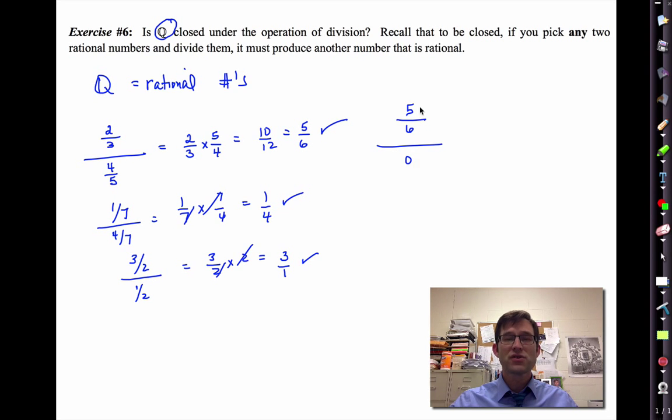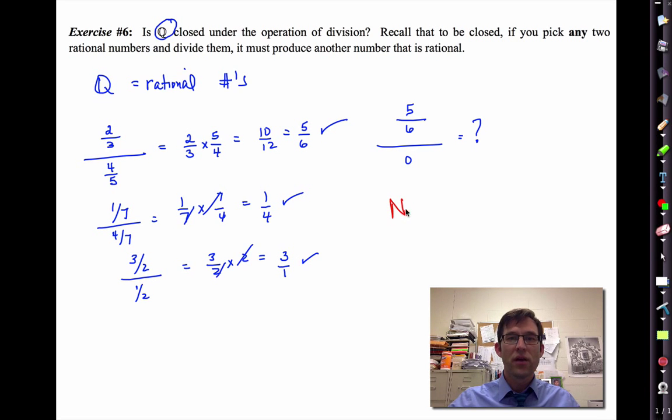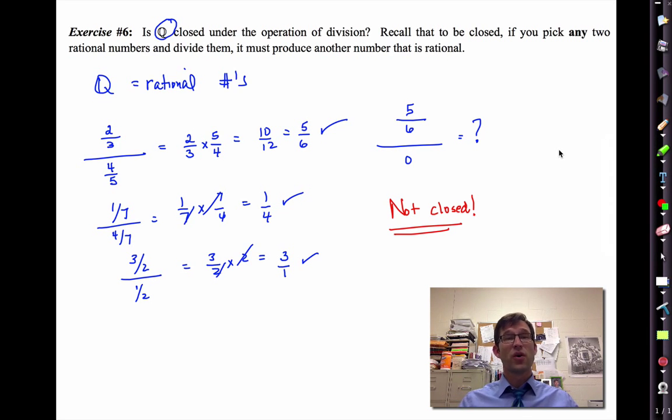They're both rational numbers. Well, that doesn't exist. Therefore, it's still not closed. If it weren't for 0, it would be closed. But the plain fact is, it's not closed because you can't divide by 0. Doesn't have to be a lot of examples that don't work. Only one, but it's not closed.